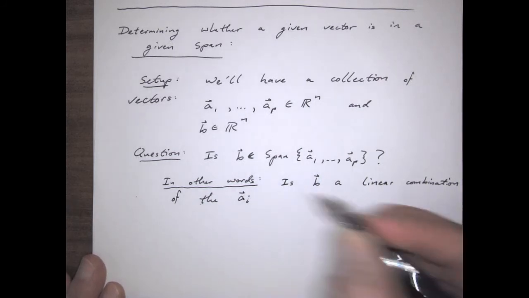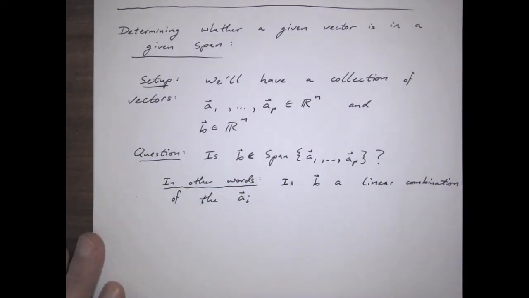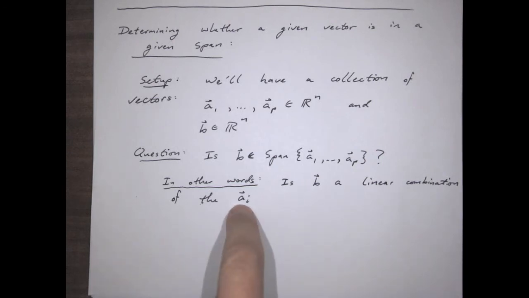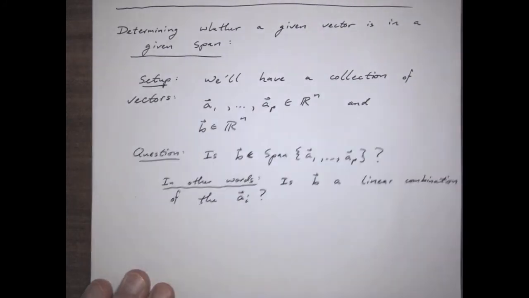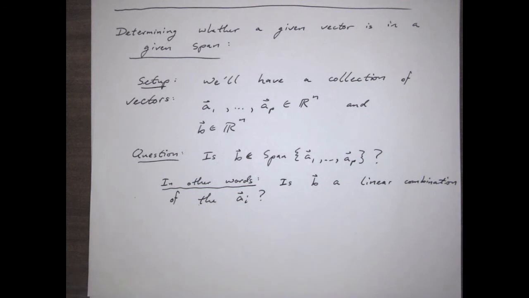of the Ai. By the way, whenever we're referring to a collection of them, one way we could do it is just by using a generic index such as i in order to avoid having to write out A1 through AP every time.